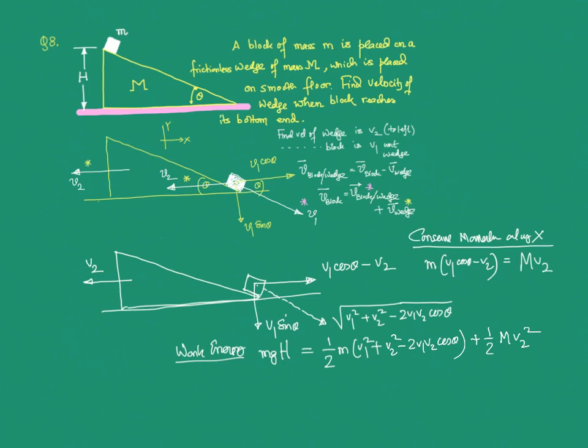Okay, so you have to solve for v2, so you have to substitute v1. Let's name these equation 1 and equation 2. Now from equation 1, v1 is equal to (m plus capital M) v2 divided by m cos theta.